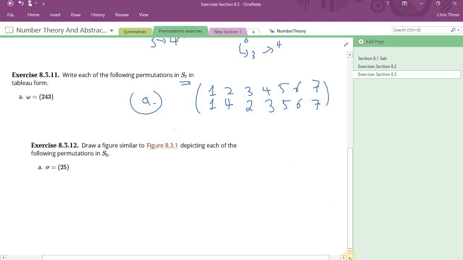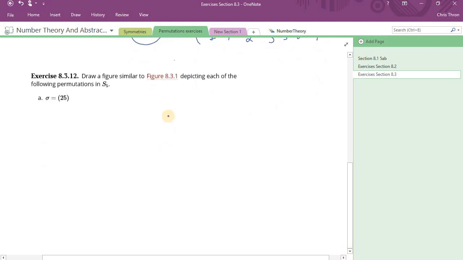So you might think, just starting off, if I have 1, 2, 3, 4, 5, like here's 1, 2, 3, 4, 5. Here I have the 2 goes to the 5 and the 5 goes to the 2. It's really not necessary to include the ones that don't move.